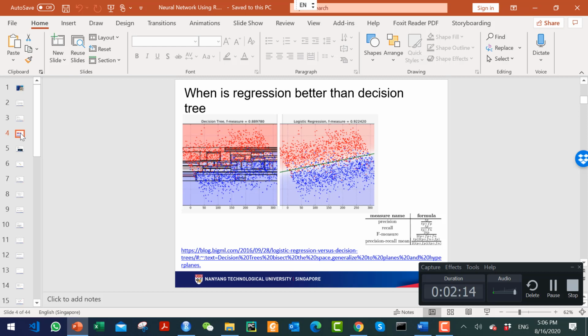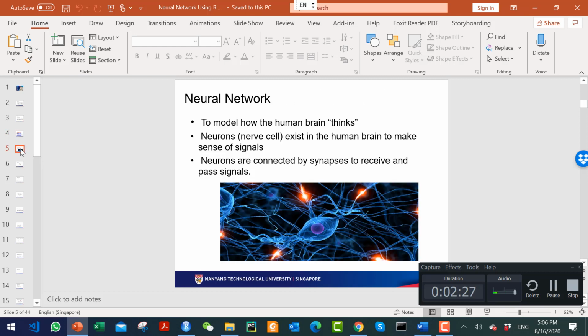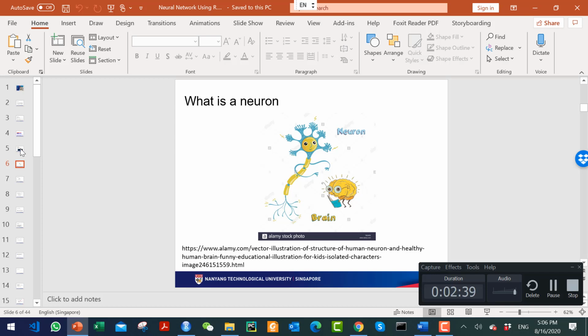Now neural network is similar to logistic regression, because the way the algorithm works is quite similar. Later we'll go into more detail on the algorithm for neural network. It started with how humans think, and it emulates that.